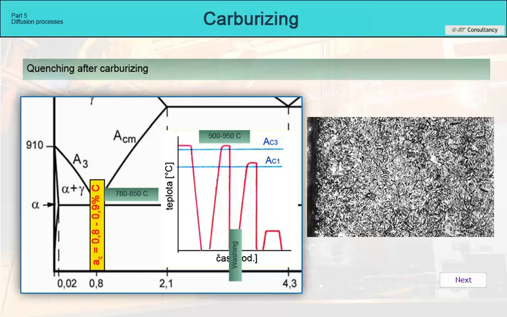However, since the material will no longer be fully austenitized in the core during the second quenching to a lower temperature, the structure will contain a greater or lesser amount of ferrite. This can have a positive effect on the toughness of the component, but with regard to double quenching, greater deformation can be expected.